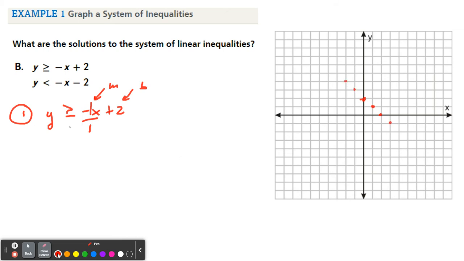There. I do have an equal to, so that means I'm a solid line. So I'm going to make this a solid line. And I am greater than, so that means I'm going to shade above that line. So I'm above that line.